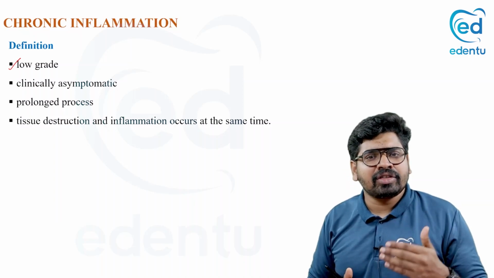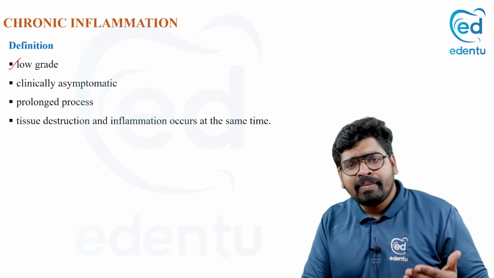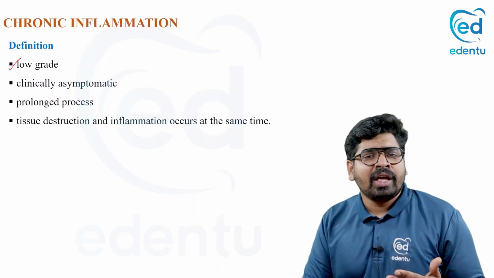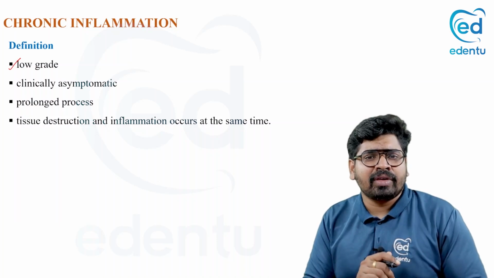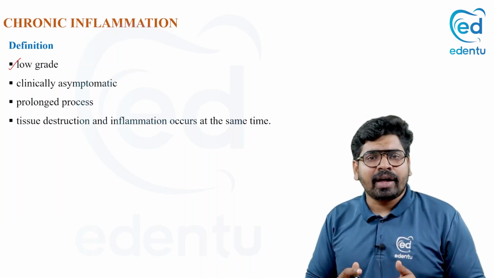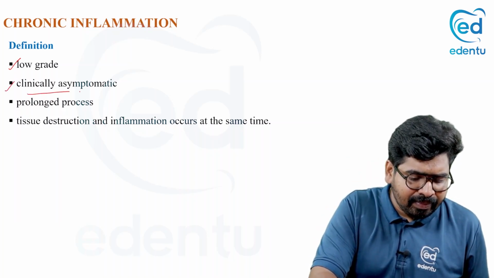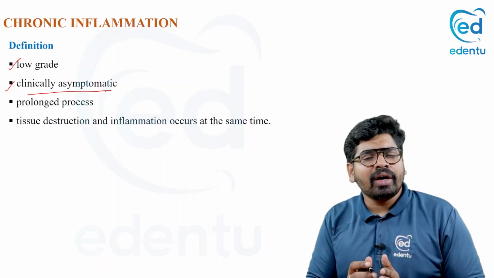In acute inflammation the patient may show symptoms like pain, edema and loss of function. Such symptoms are not shown in chronic inflammation. So we say it is clinically asymptomatic, and it is of a longer duration.